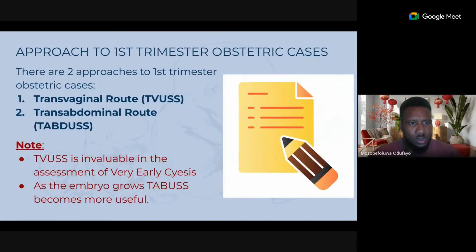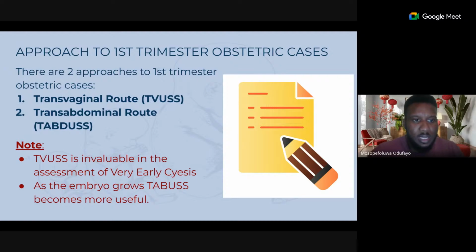Okay, so there are 2 approaches when somebody comes to your facility for a scan of their baby and you have an idea that this is going to be a first trimester pregnancy. There's the transvaginal route. You can take a transvaginal probe, plug it into the woman, and see what is going on there.